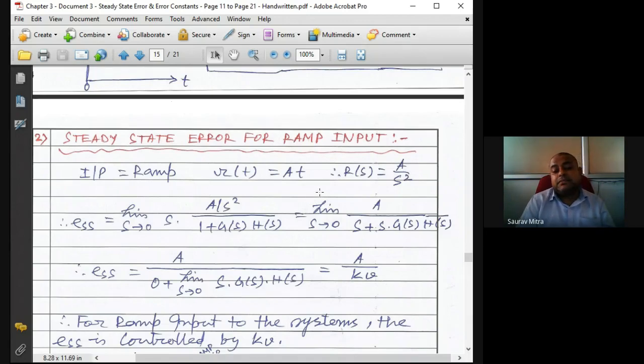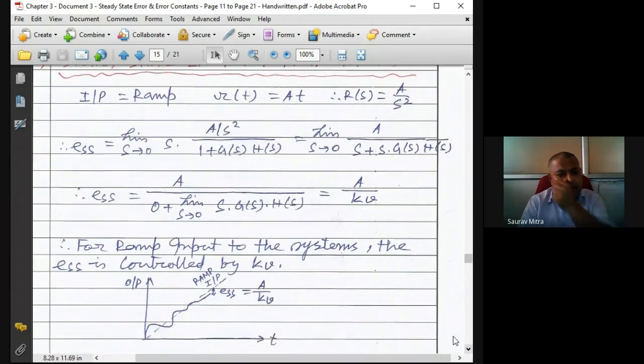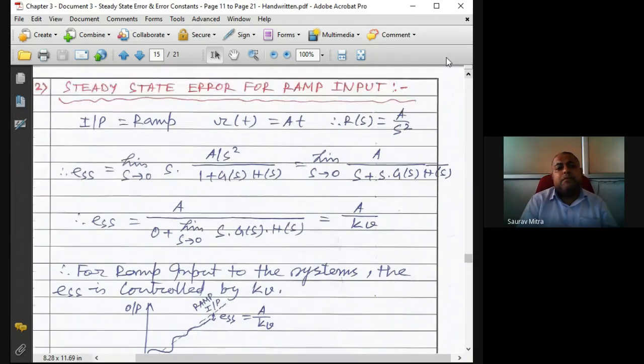So in that case, ess will be limit s tends to 0, A divided by s plus sG(s)H(s), and if you substitute the limit here, you will find the formula comes. So finally, if it is a ramp input, all these intermediate steps no need to remember. Just remember that if it is a ramp input and the ramp has a slope of A, capital A, for a unit ramp, capital A is equal to 1.